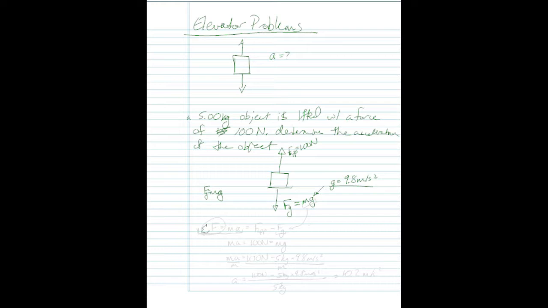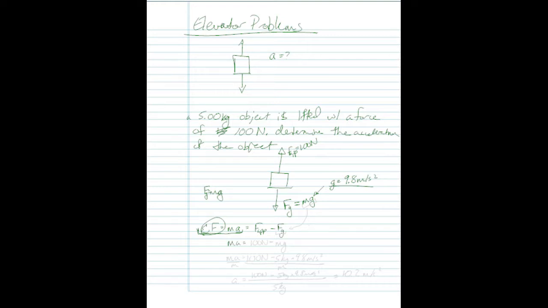Now we can set up a net force equation. The net forces acting on this system are equal to mass times acceleration, because all net forces equal mass times acceleration. The sum of all forces is equal to the upward force, F applied, minus the downward force, Fg.